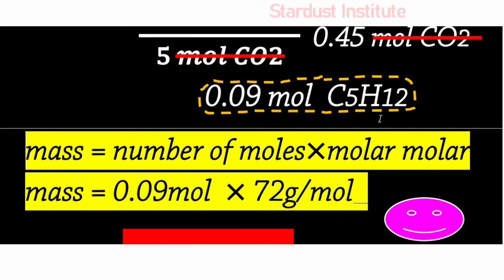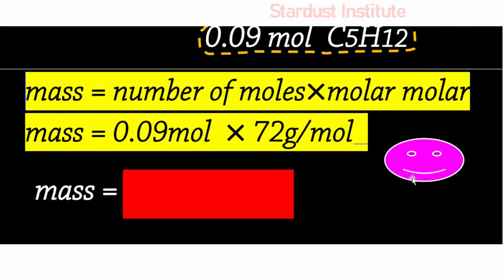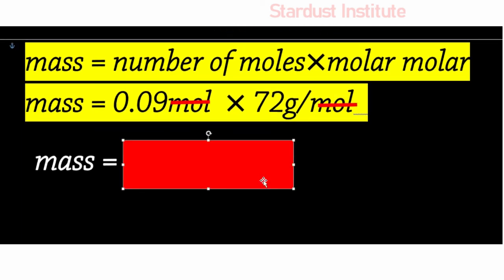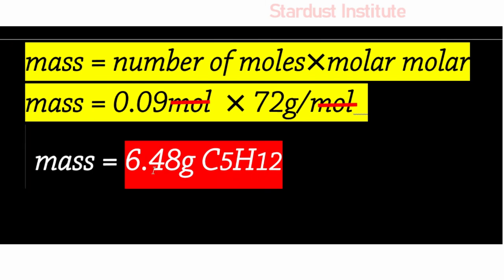Molar mass of pentane, C5H12: 5 carbons, 12 times 5, 60, and 12 hydrogens, 72 grams per mole. We should cancel out the units, mole. Then we get mass in grams, 6.48 grams of pentane, C5H12.